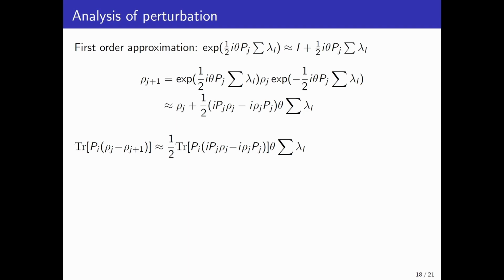Now, we can further rewrite the expression inside the trace in terms of the commutator of pi and pj as follows. In this expression, note that the distribution of some lambda L is basically a binomial distribution shifted to zero mean, as each lambda L is plus minus 1 with uniform randomness.